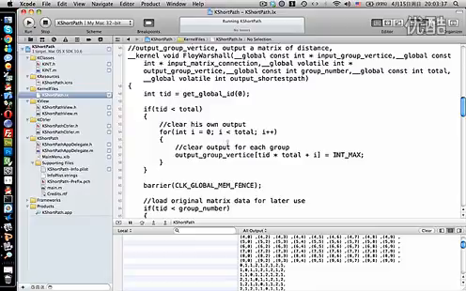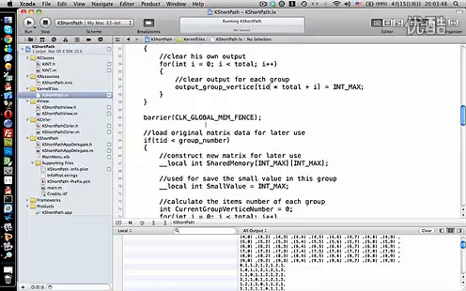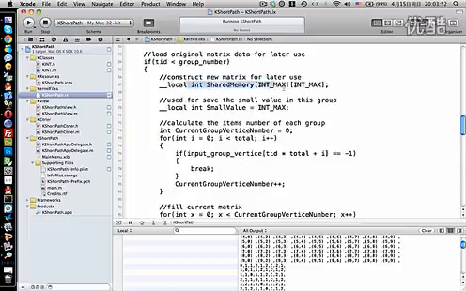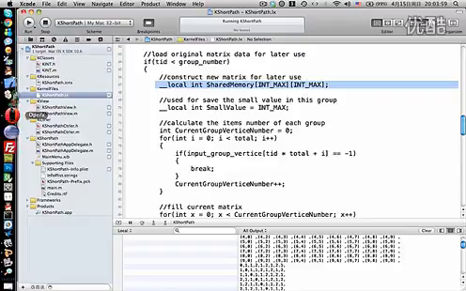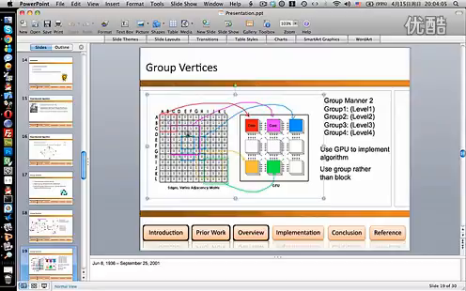First, I clear all of the group index, and then clear all of the group vertex values. After I finish that, I use local shared memory to create a new matrix like this. So here is the new matrix, and the blue one is a new matrix.